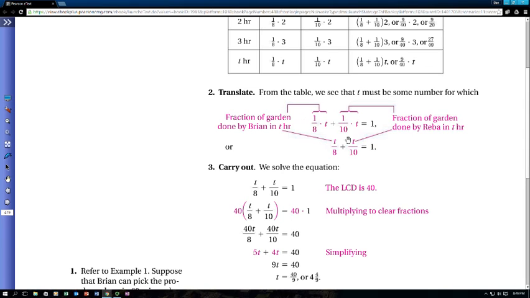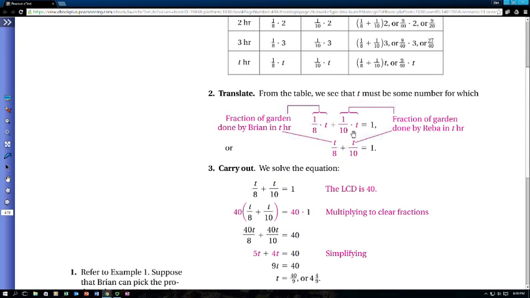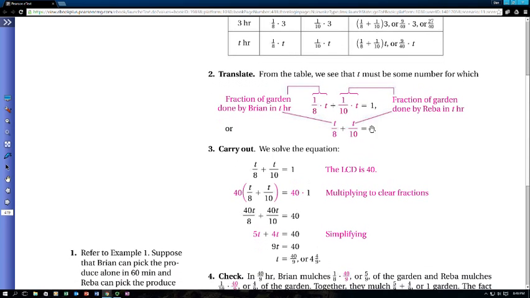And the fraction of this done by, I forgot her name, Reba, right? Would be 1/10 times T. In other words, if we simplify this or do the multiplication, we get T over 8 plus T over 10 equals 1 whole garden, because we're looking at a situation.